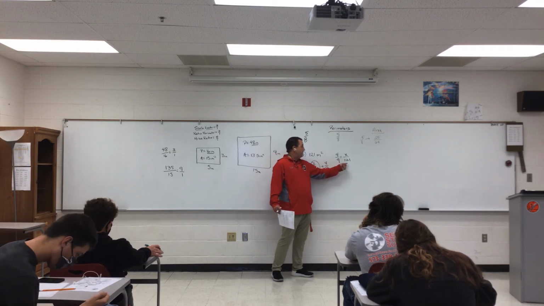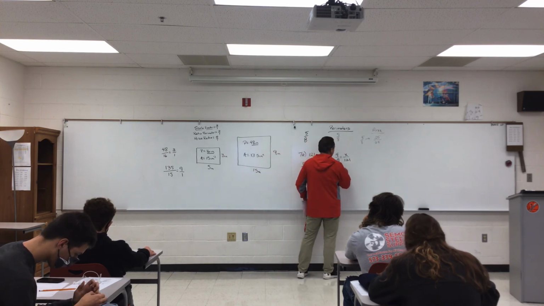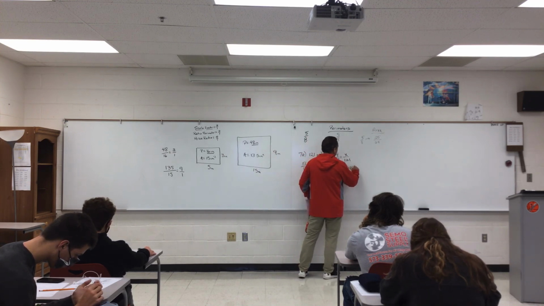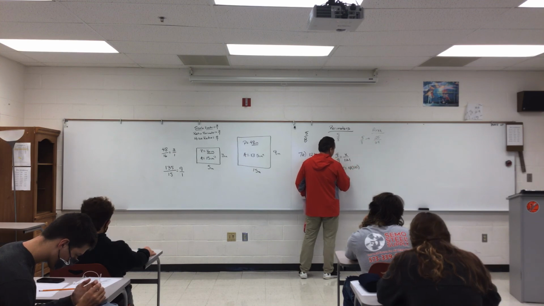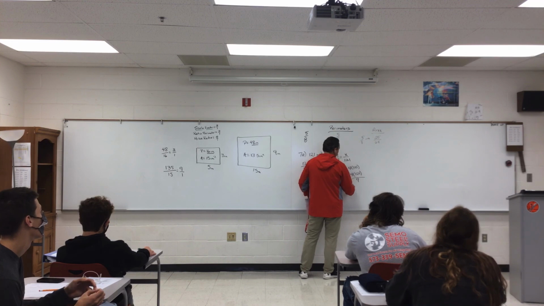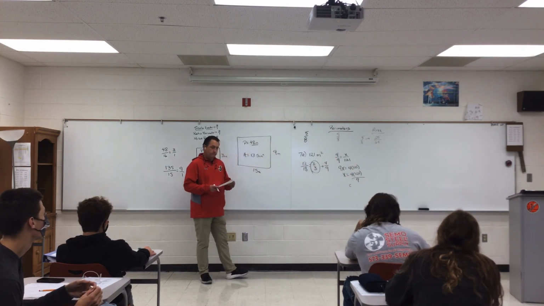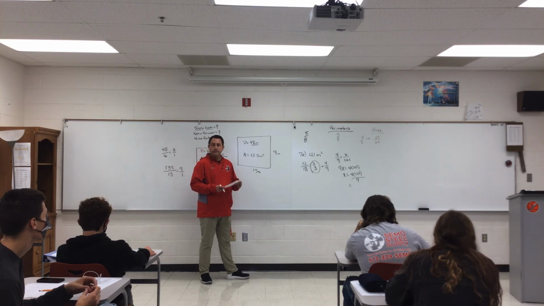Since 9 is bigger, I put it on bottom, x on top. Now I cross multiply. Divide by 9. And I figure out what x is equal to. That makes sense, everybody?